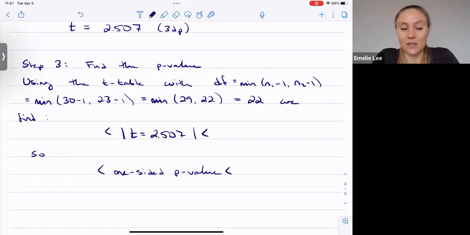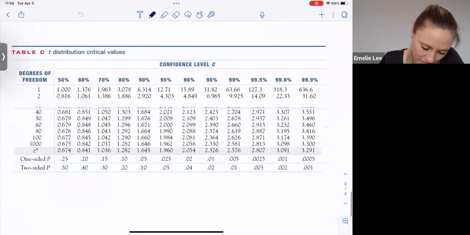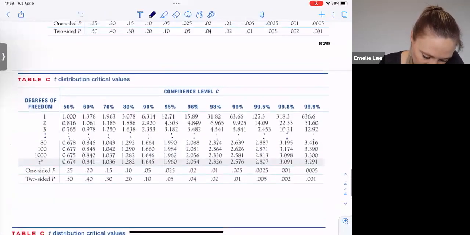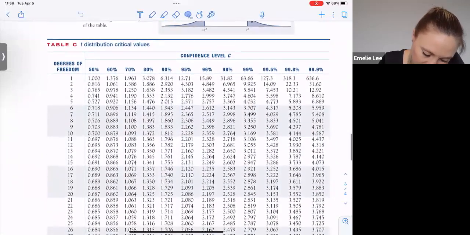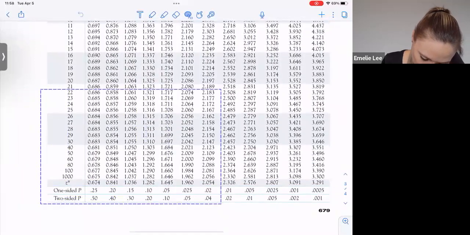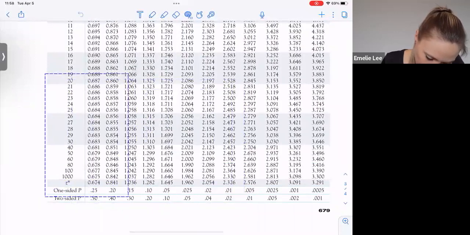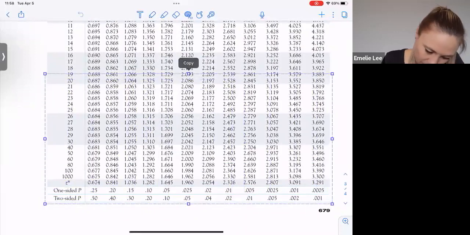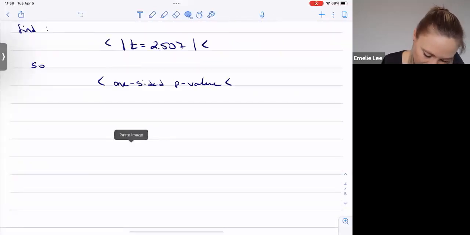And then I can go and I can use the table. So let me see if I can kind of screenshot something. Kind of a big chunk here, but that's okay.